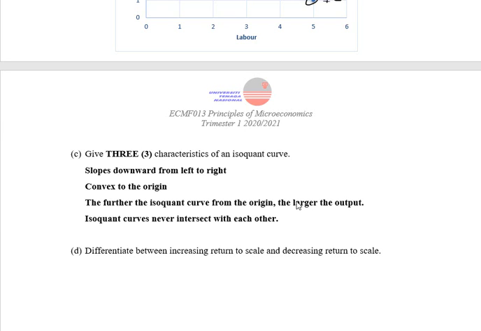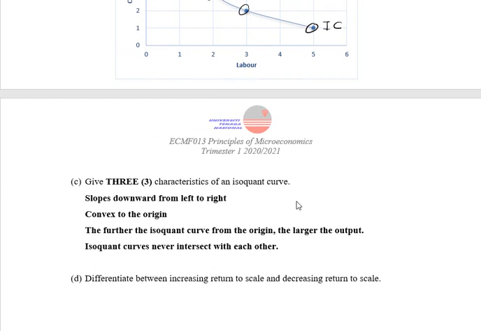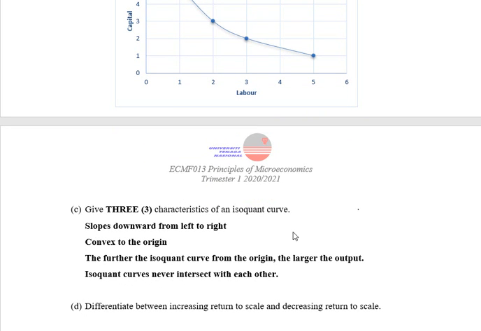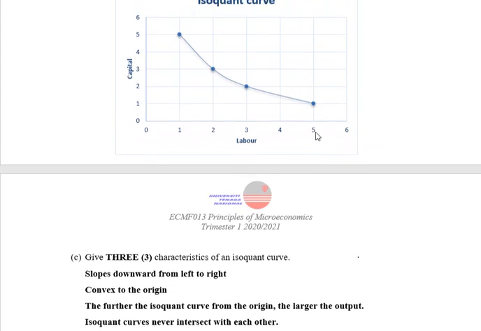So the characteristics of an isoquant curve are actually the same as the characteristics of an indifference curve. You have the same shape, the same concept, but this one is in terms of production. Indifference curve is in terms of satisfaction. So the first characteristic is that it slopes downward from left to right.